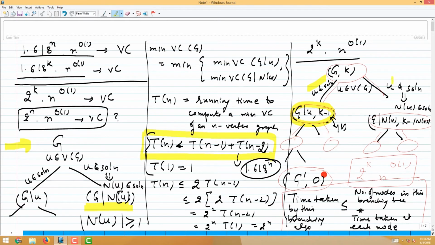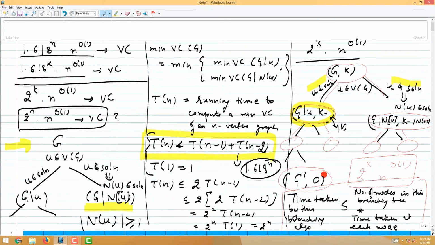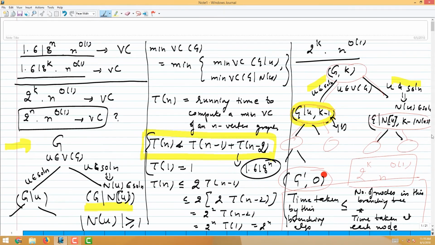Of course, from the graph we can delete N of u and u both, right? But note that we can't change k. k only goes to k minus |N(u)|, right? And we are trying to bound the size of this branching tree as a function of k now, not as a function of n, right?